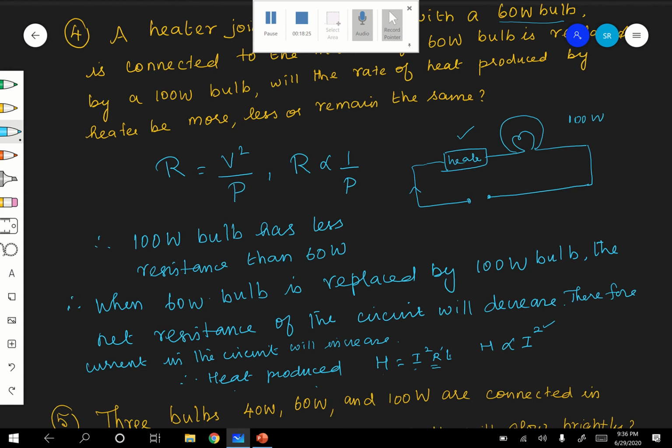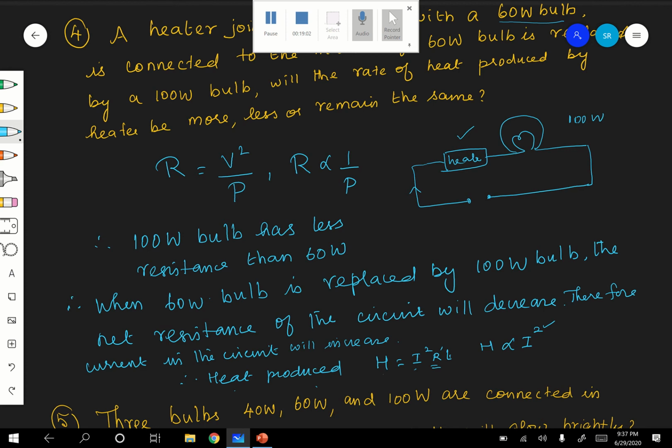Therefore, H is directly proportional to I squared, which means it draws more current. Hence, heat produced will be more. Is it clear? Hope you are following, children. Therefore, once you change 60 watt to 100 watt, the rate of heat produced by the heater will be more. Rate of heat produced is H divided by T, I squared R. That is power. That's it.